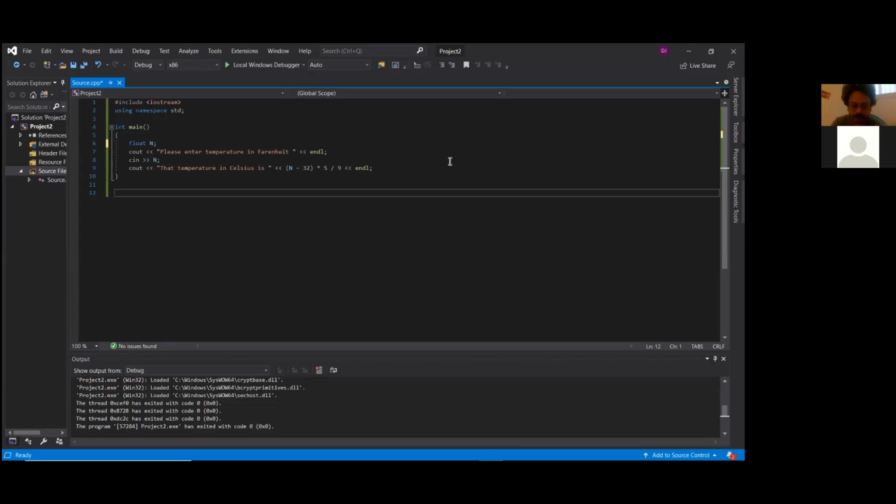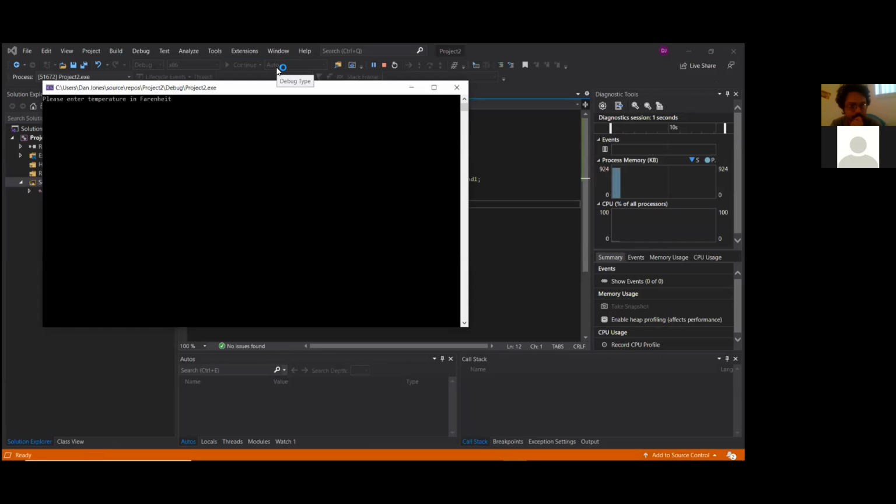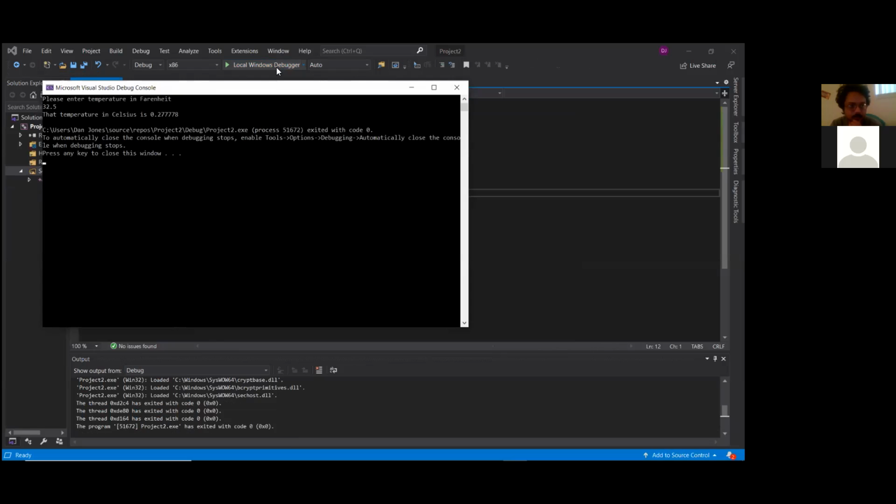So 32.5 Fahrenheit is 0.2777 Celsius. Now try this particular example in your code and see what it outputs. It's still a floating point number, so it would accept 32.5. 0.277. Perfect.